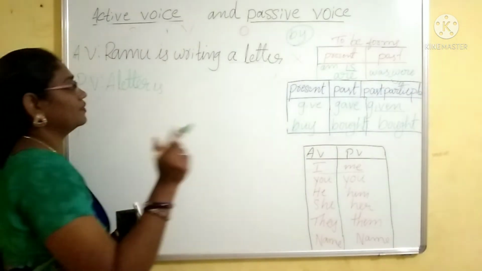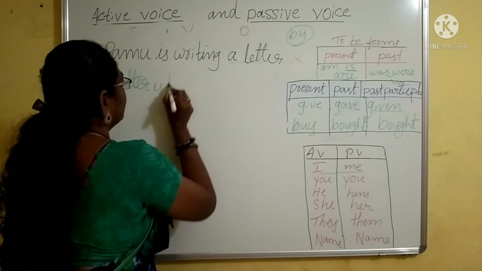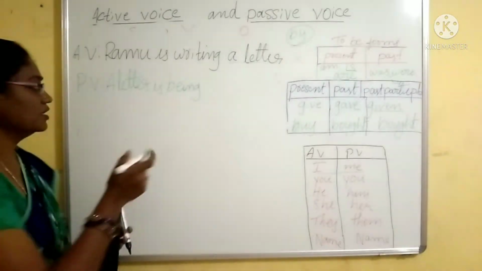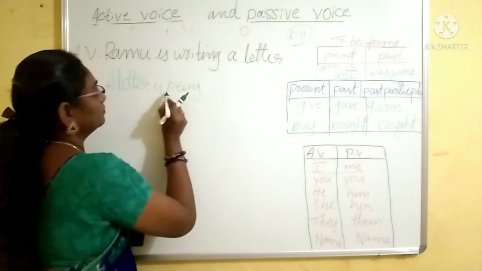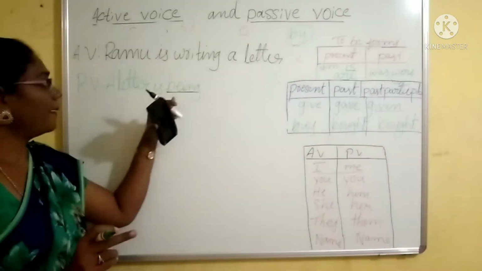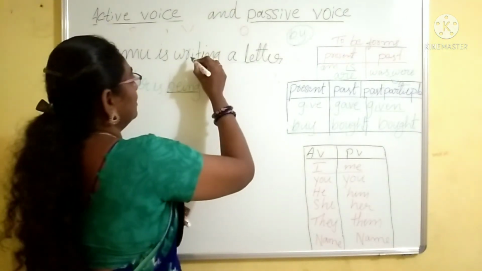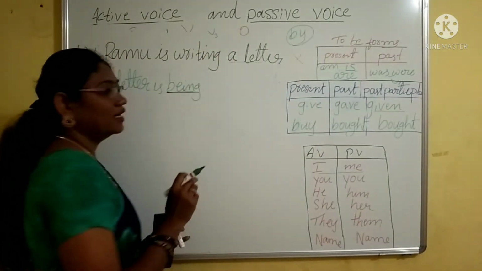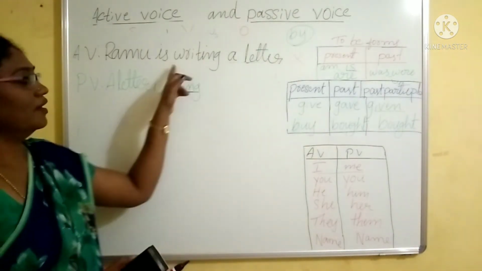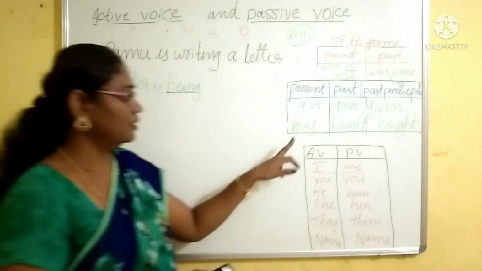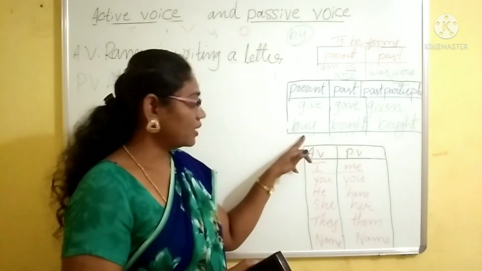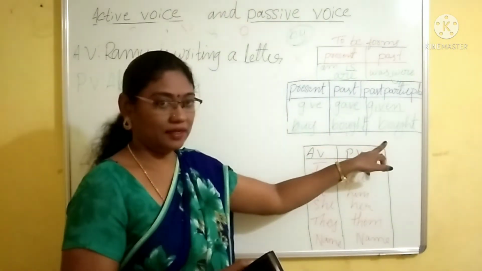A letter is. Now we have to add being. This word is very important. A letter is being. Then as usual, writing will be V3. What is V3? Past participle. Write, wrote, written.